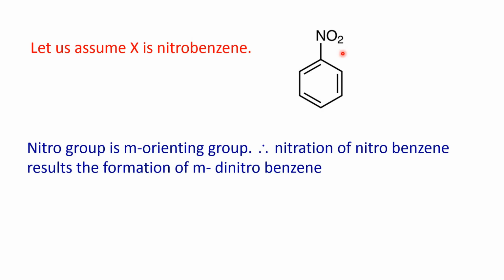We know that it is a meta-orienting group and it is a deactivating group. And the second clue was that the same functional group, if it is introduced, will go to the meta position. And therefore, nitration of nitrobenzene results in the formation of meta-dinitrobenzene because nitro group is a meta-orienting group.